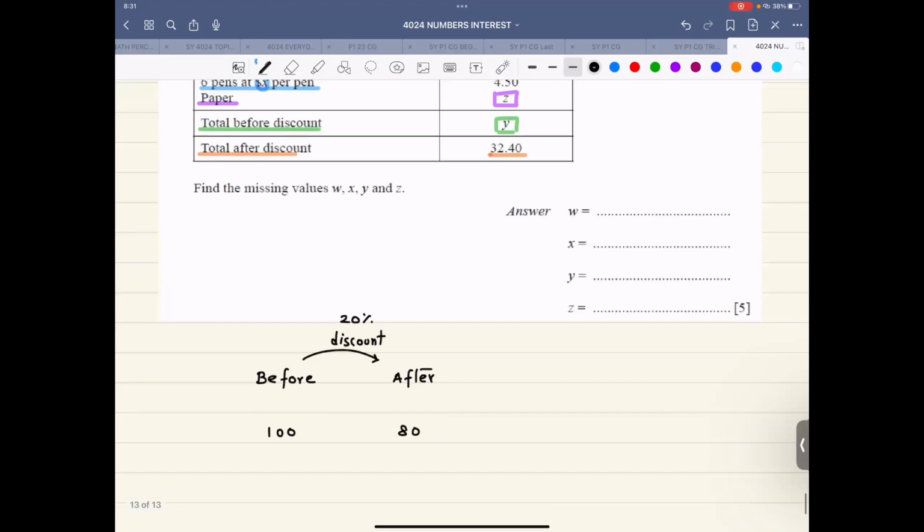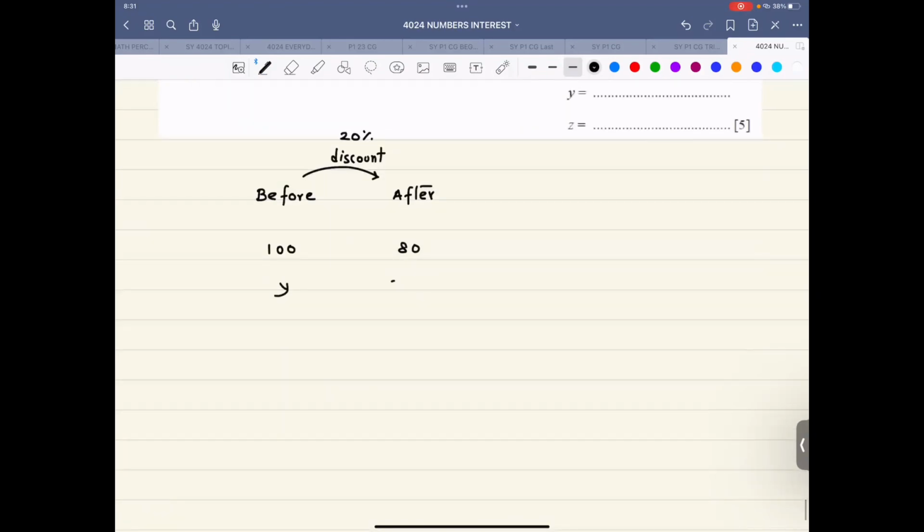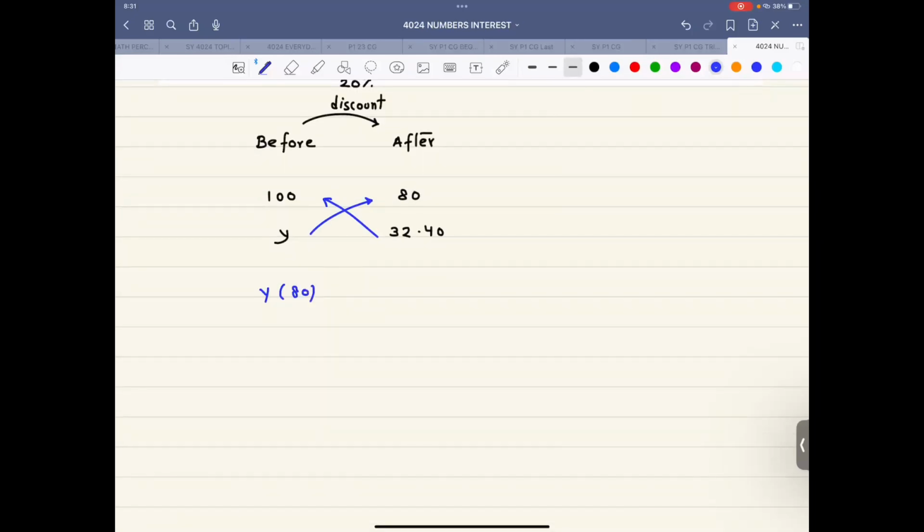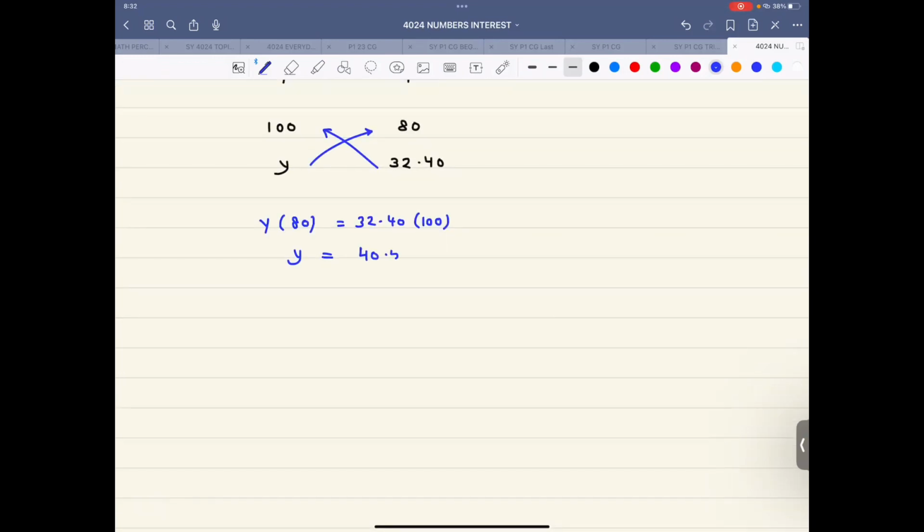If the original value is Y, the discounted value is 32.40. Let's cross multiply. Y times 80 is 32.40 times 100. Let's make Y the subject. That is 3240 divided by 80, which comes out to be $40.50. That is the value of Y.